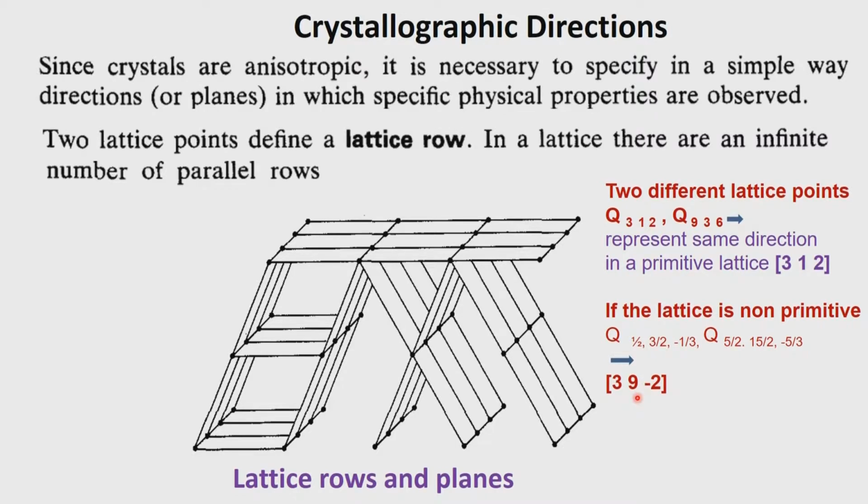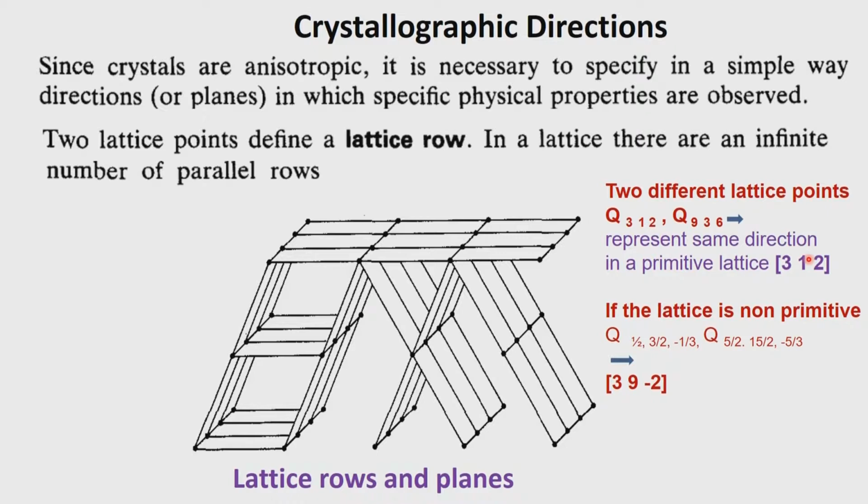So, the same logic applies here. You have to take the LCM of these three numbers in the denominator, and therefore the representation of the direction is 3, 9, 2 bar. So, we can represent both the direct lattice points in the primitive lattice as well as in the non-primitive lattices by this kind of direction identification.